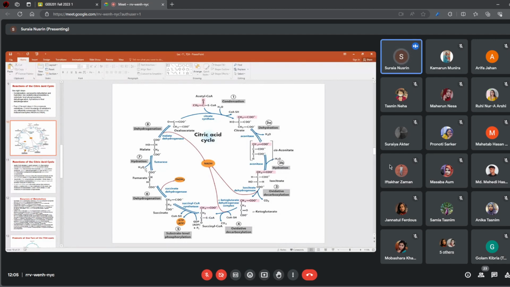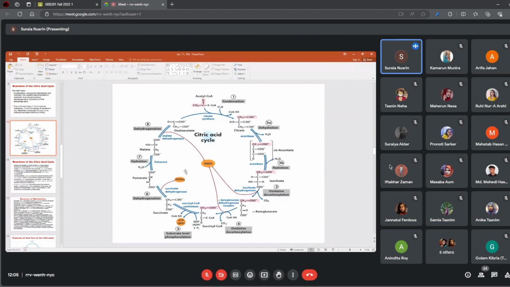Fumarate then undergoes a hydration reaction, which removes the double bond, and we get the intermediate malate by the enzyme fumarase. The malate in the next step undergoes another dehydrogenation reaction by the enzyme malate dehydrogenase, which eventually regenerates the starting material of this cyclic pathway, oxaloacetate.